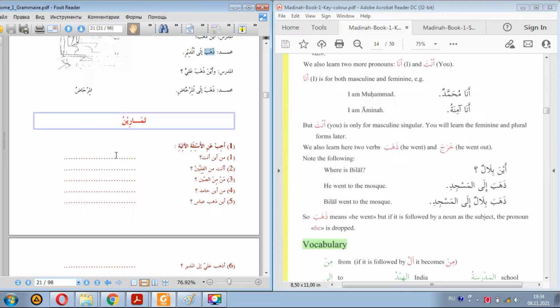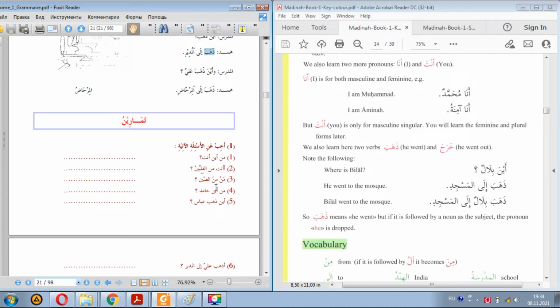If you are from Canada, you can say I am from Canada. Canada, that's how they pronounce the name in the Arabic language. أنت من الفلبين. Are you from Philippines? You can say لا أنا من أمريكا, or أنا من كندا.